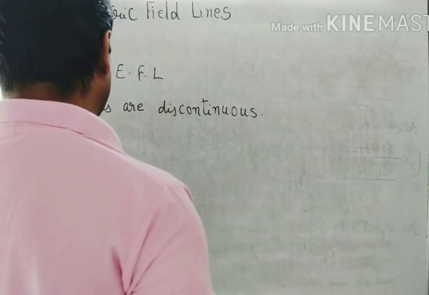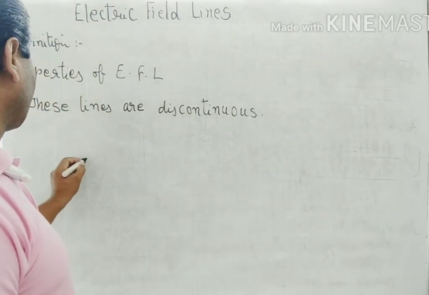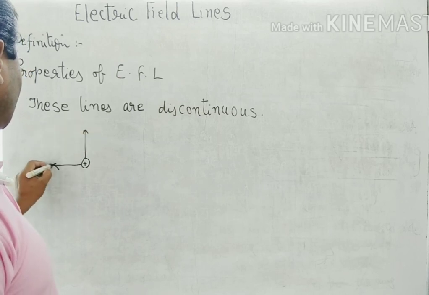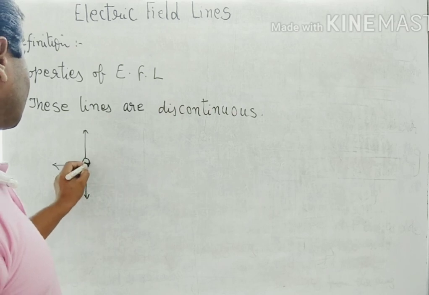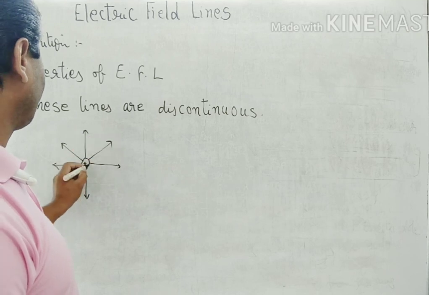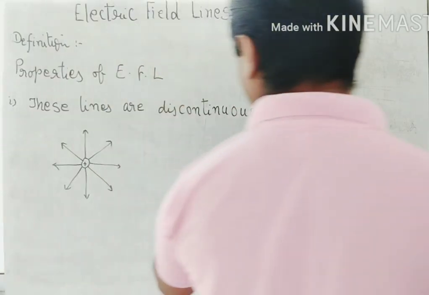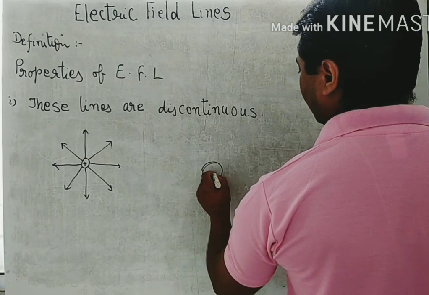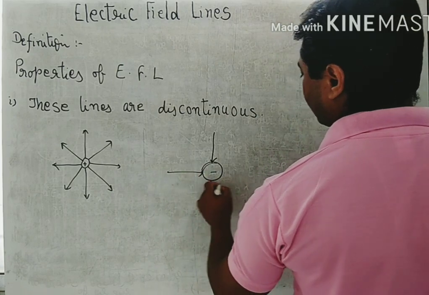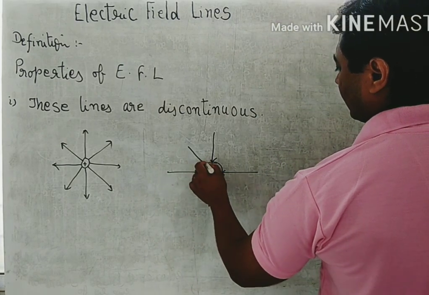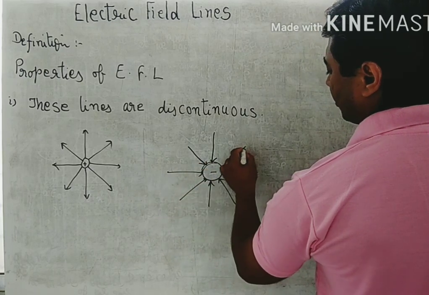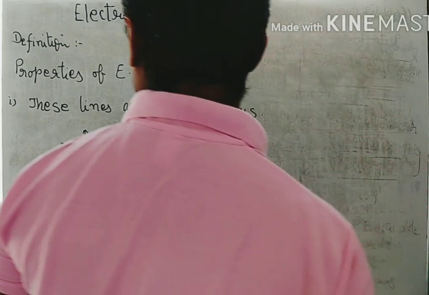Now here, if we have a positive charge, they are directed away from this positive charge like this. And if we have a negative charge, they are directed towards the negative charge like this. So this is the first property representing discontinuation of these lines.